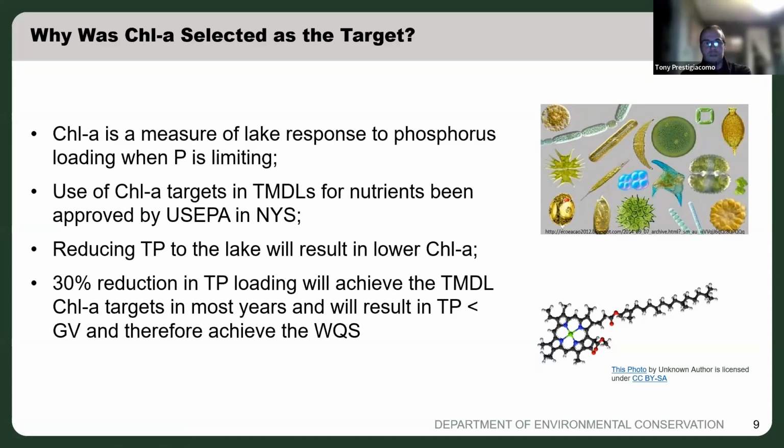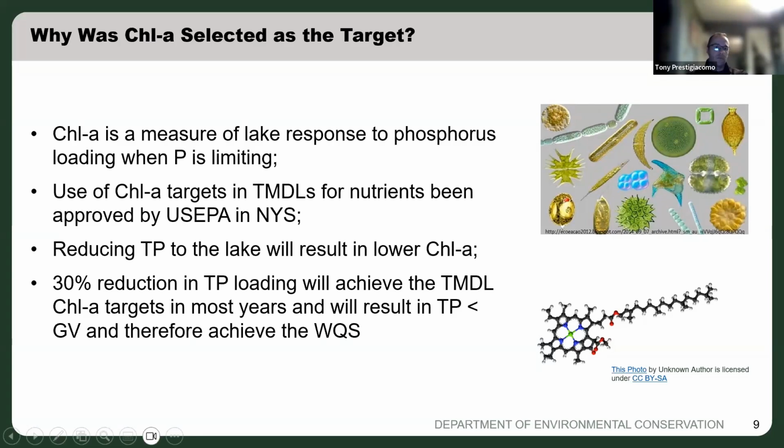Chlorophyll A targets in TMDLs for nutrients have been approved by US EPA across the country and in New York State. Reducing total phosphorus to the lake will result in lower chlorophyll A. That was demonstrated in the CLM and provided in both the TMDL and the appendices, to show the exact reductions you get in chlorophyll A with phosphorus reductions from the watershed.